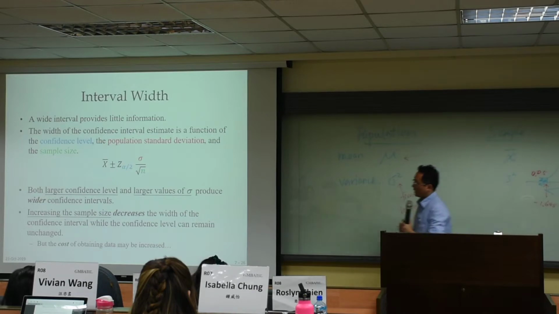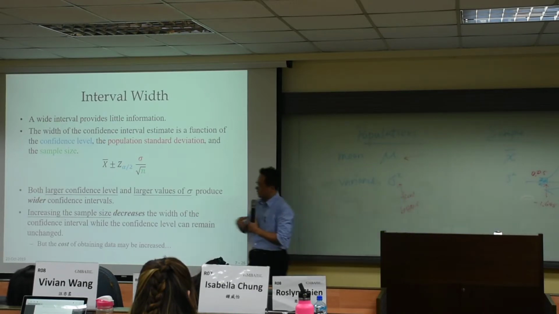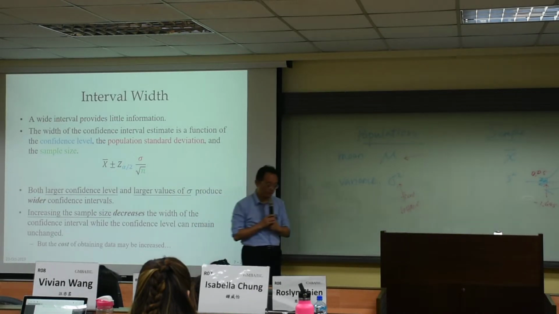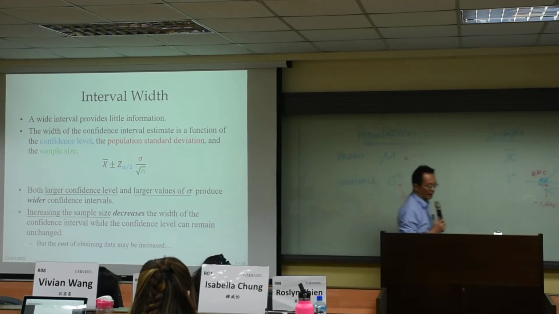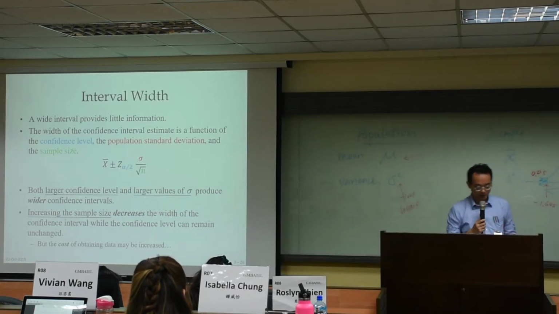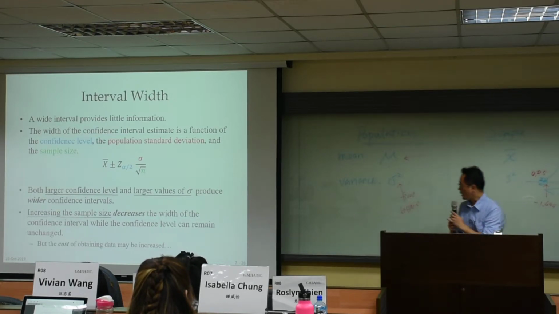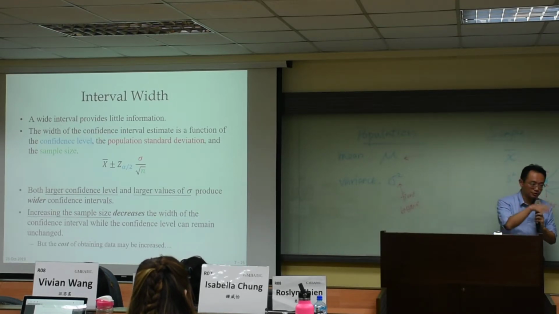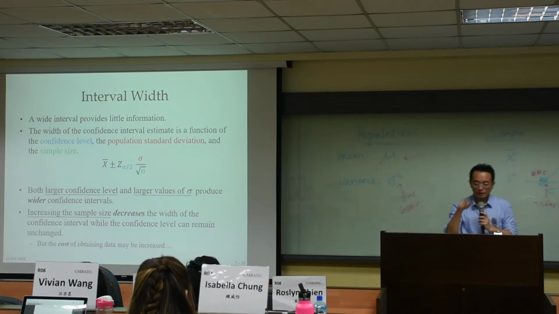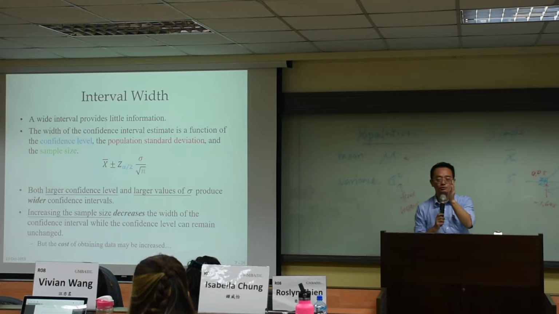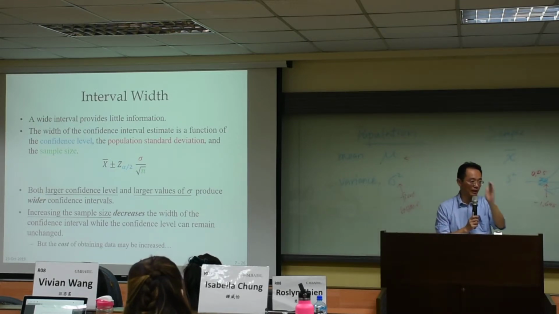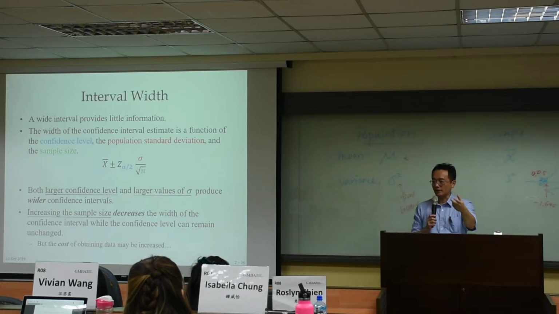And some people were asking why we have a square root of n underneath sigma in this expression. This is because we are talking about sampling distributions, particularly for the sample mean. Try to recall that example where we throw the dice: 1 die, 2 dice, 3 dice.